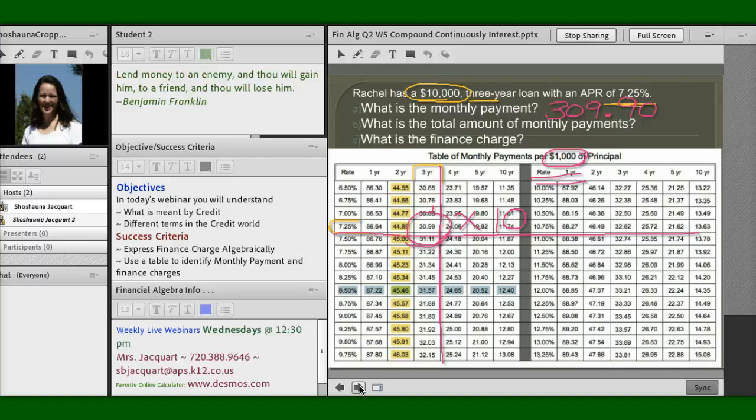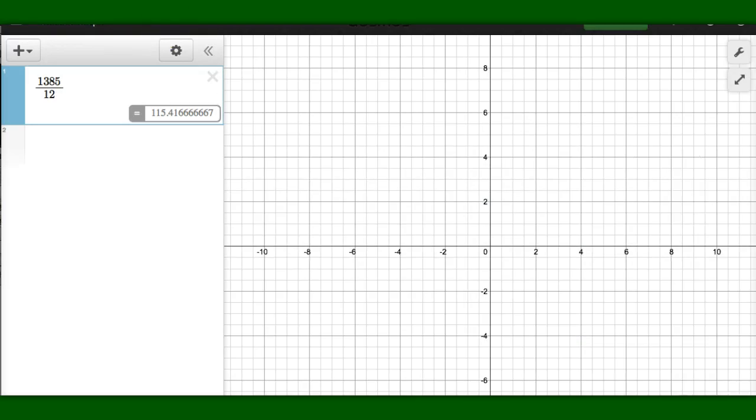And then what's the total amount of monthly payments? In order to get that number, let's clear this out. Let's remember 309.90, and then let's come over to Desmos.com. Total amount of monthly payments: 309.90, we're going to times that by 12 months, and then we're going to times that by 3 years.